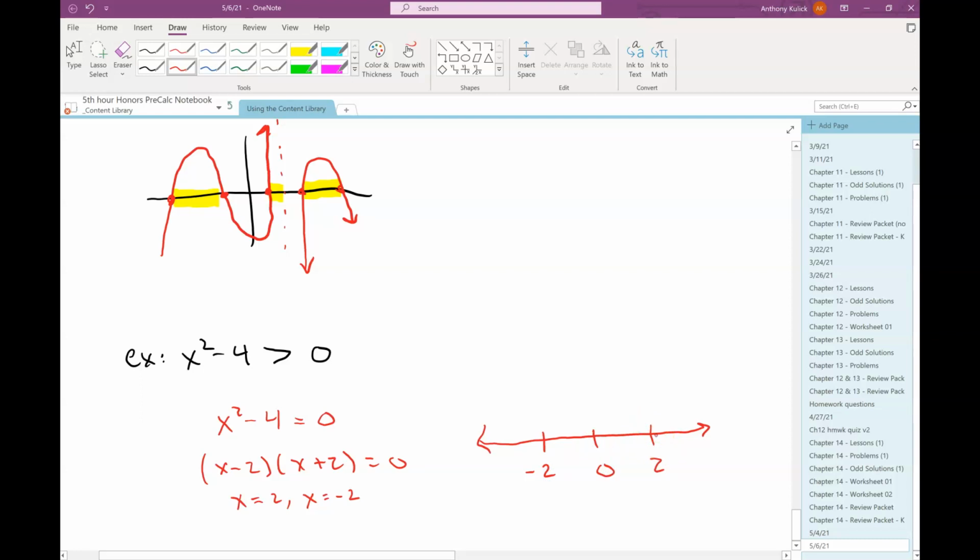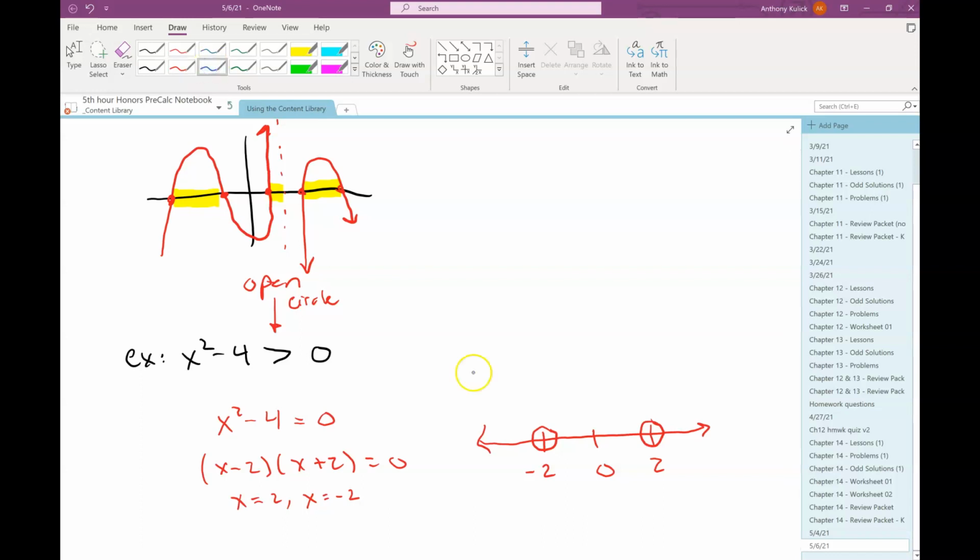Now, because this is a strictly greater than symbol, when I draw my x-intercepts, I'm going to draw them with an open circle, just to remind myself that that point is not included in my solution set.